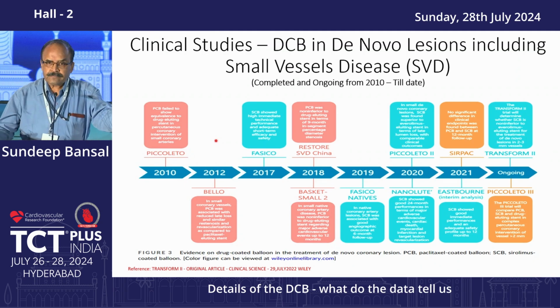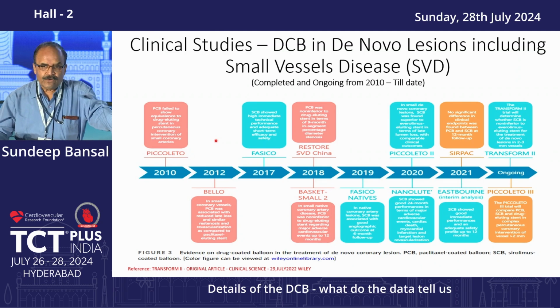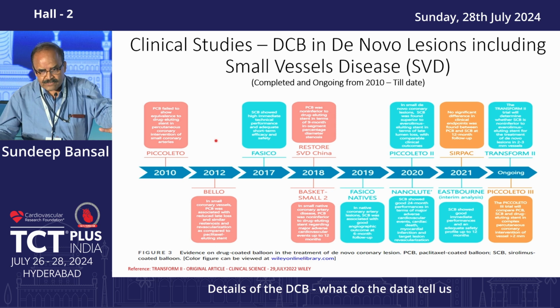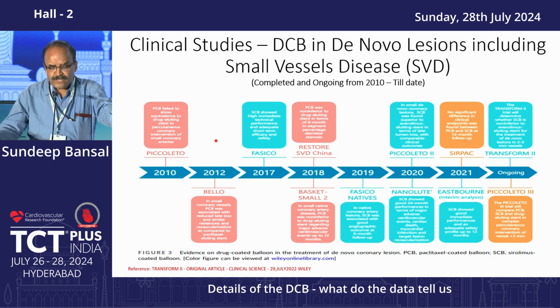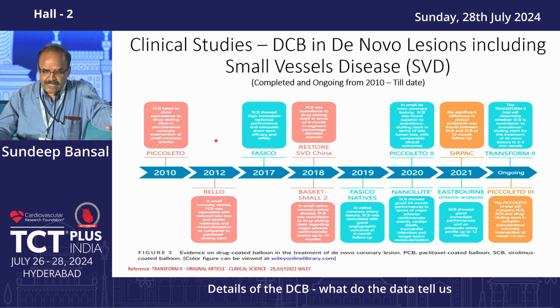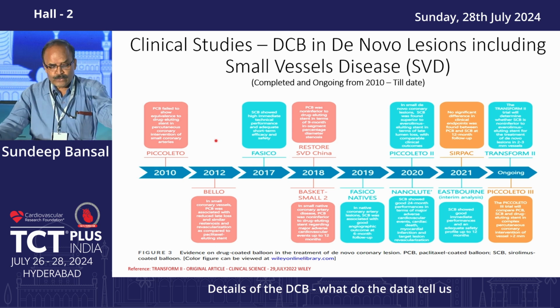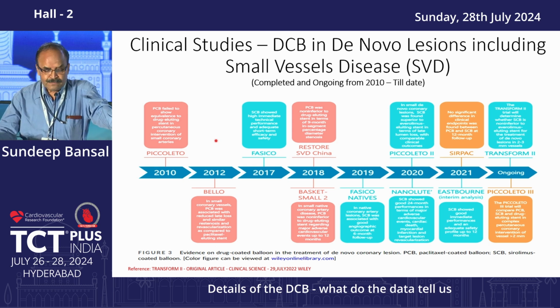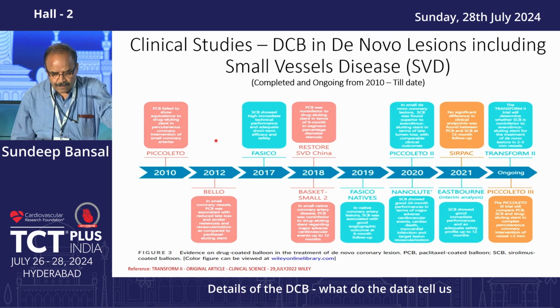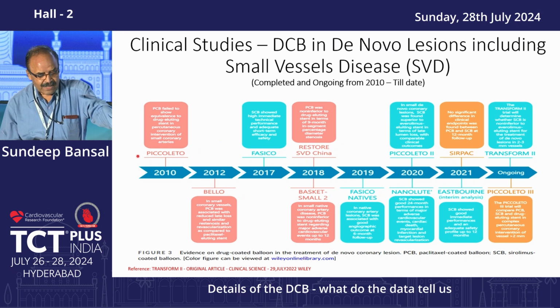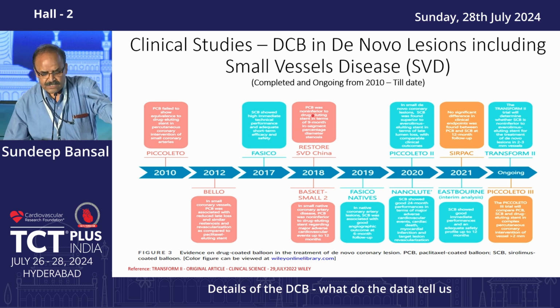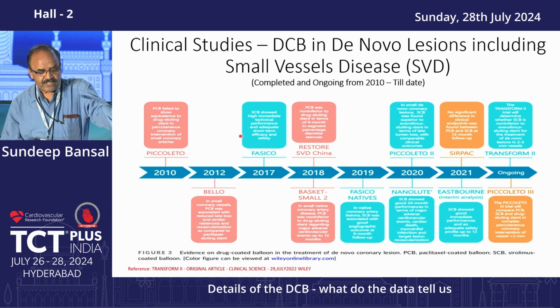This is a summary slide showing almost all the trials which have been done in de novo lesions, including small vessel diseases. The pink ones are using the paclitaxel eluting stents.